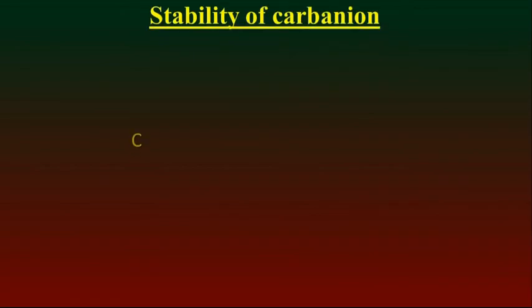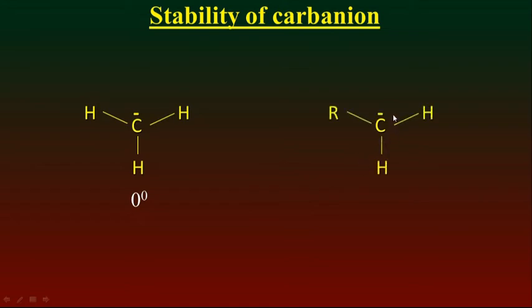First of all, consider the carbon atom which contains a negative charge, and you will see that this carbanion contains 3 hydrogen atoms and no alkyl radicals, so it is 0 degree carbanion. The next one, the carbon atom with negative charge contains 1 alkyl group and 2 hydrogen atoms, so it is known as 1 degree carbanion.